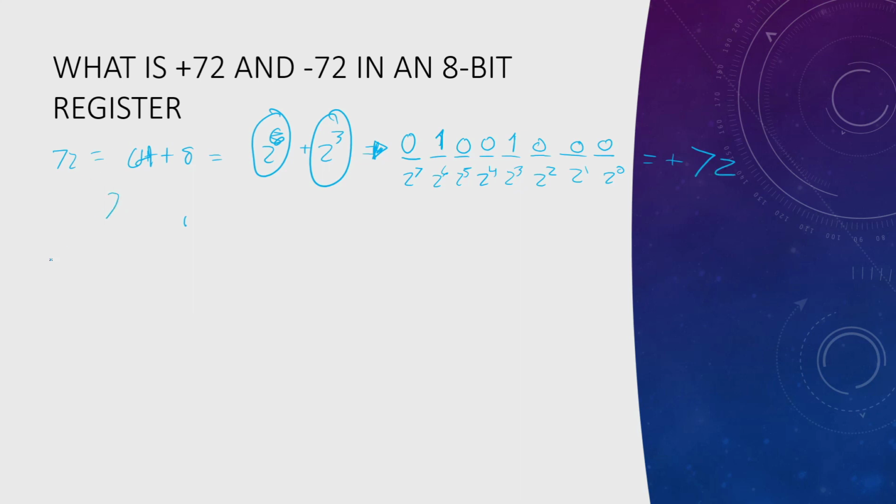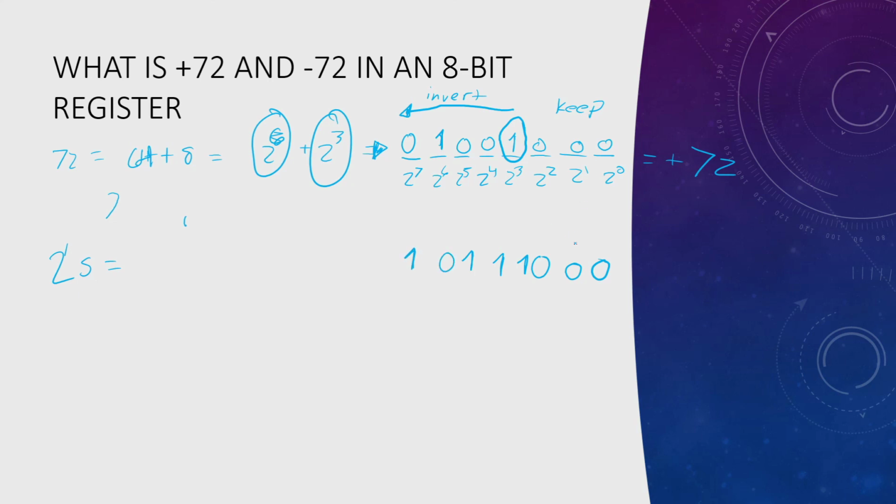And in 2's complement form, we are going to find the least significant one, which is this, and invert to the left. Invert. And we're going to keep this. Alright, so it's going to be 0, 0, 0, 1, and we invert everything else. 1, 1, 0, and 1.